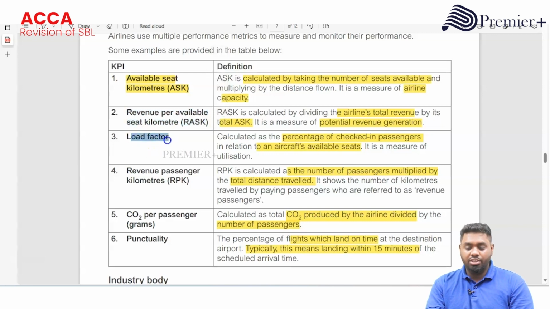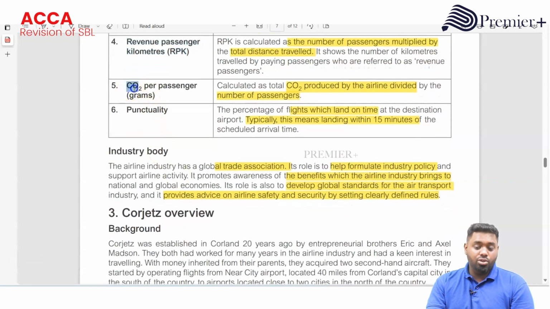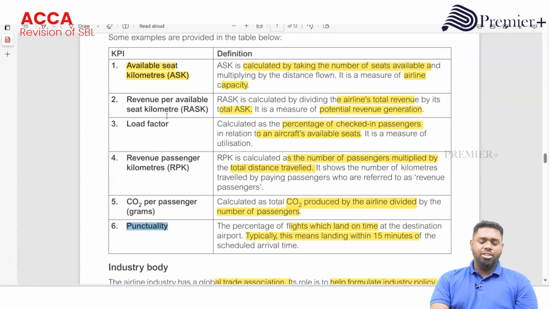Load factor checks basically the capacity utilization, revenue passenger kilometers, CO2 carbon emission per passenger, as well as punctuality of flights, so that they operate as per the time. So you see, these are key performance indicators, right?